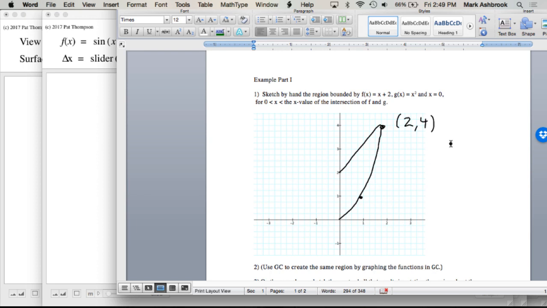Now we're going to rotate that about the y-axis. When we rotate that about the y-axis, what will our shell look like?